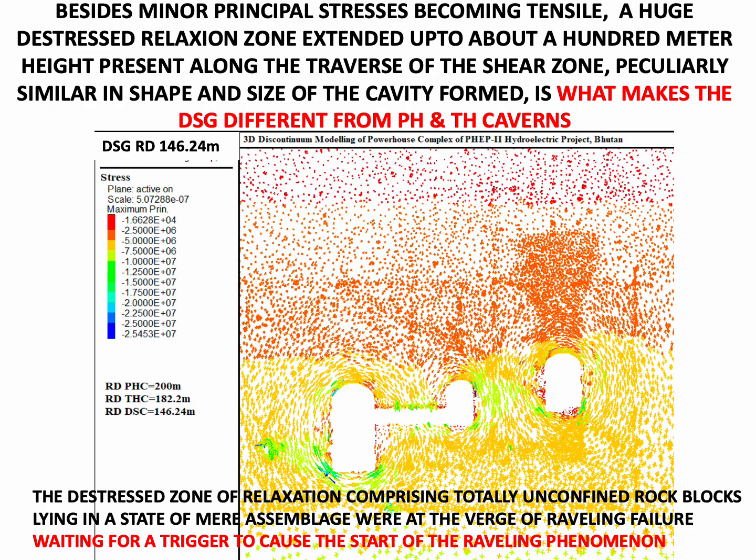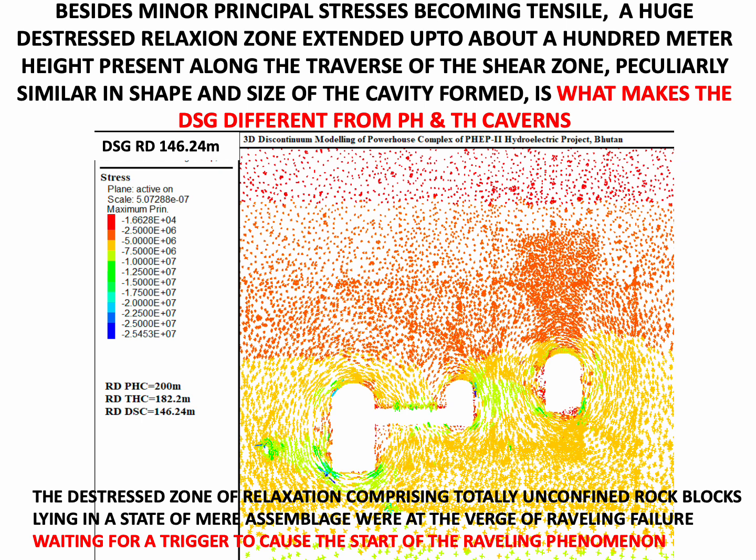With the increased displacements of the loosened keystones at the SPL in the Downstream Surge Gallery walls, the keystones at the SPL level in the rock pillars got dislodged.